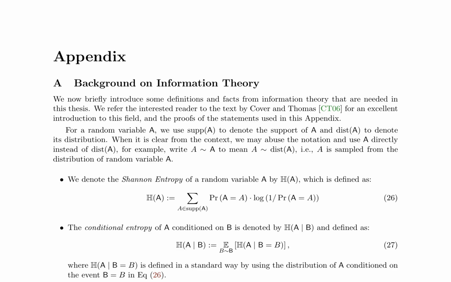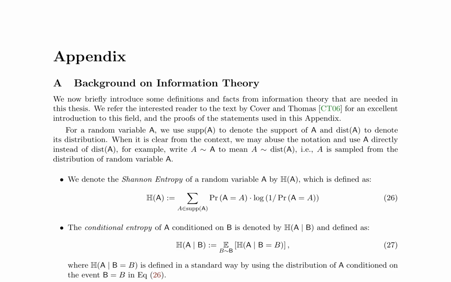Two propositions describe the effect of conditioning on mutual information, stating that conditioning on a variable does not increase or decrease mutual information under certain independence conditions. The section also introduces the Kullback-Leibler (KL) divergence and total variation distance as measures of distance between distributions.